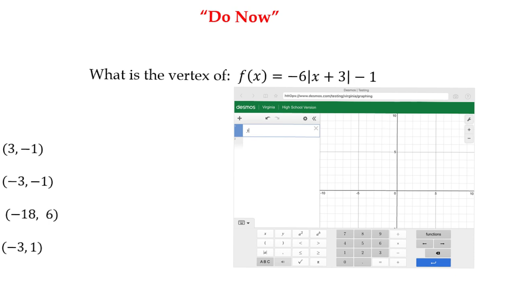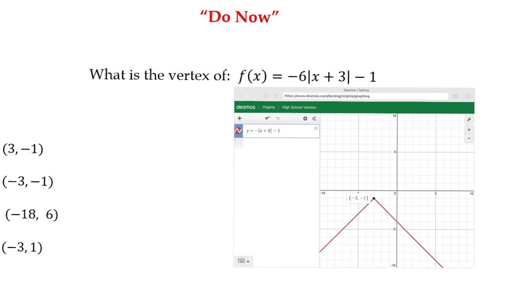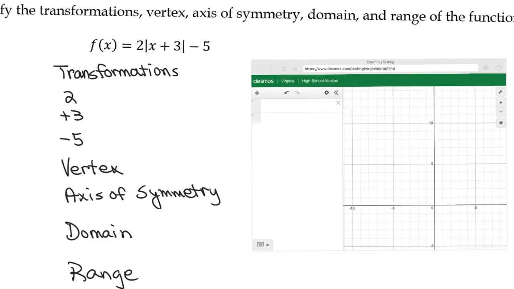To find my vertex, I'm just going to click on the point, and my vertex in this particular problem is going to be the ordered pair negative 3, negative 1, which is answer B. Negative 3, negative 1. So to get this vertex, I'm just typing into Desmos, determining the highest point or the lowest point of the graph.